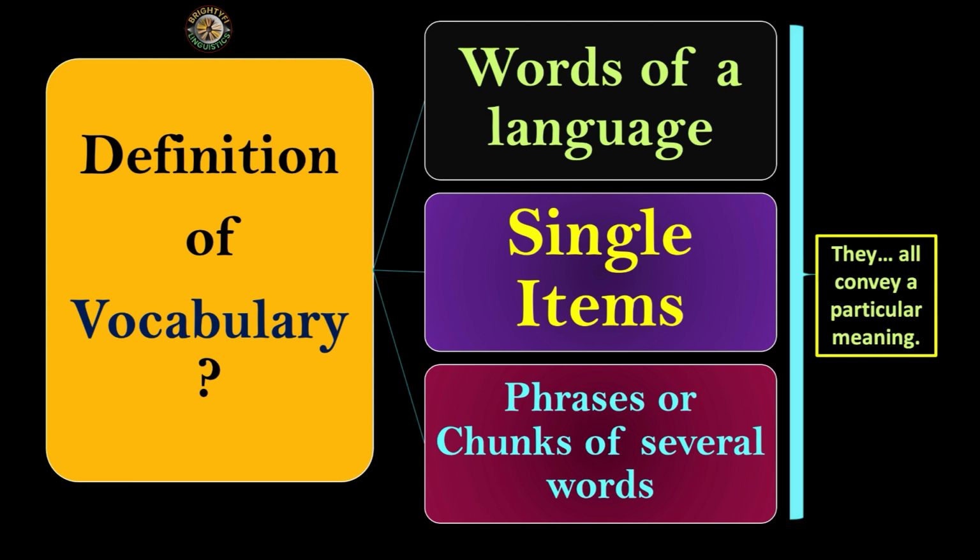Why? Because they all convey a particular meaning. So this is all about vocabulary. It is not only about a single word or a collection of words. It is also about lexical chunks, multi-word expressions, and phrases, and they all constitute part of vocabulary, which gives us a clear message, a clear meaning about any concept.